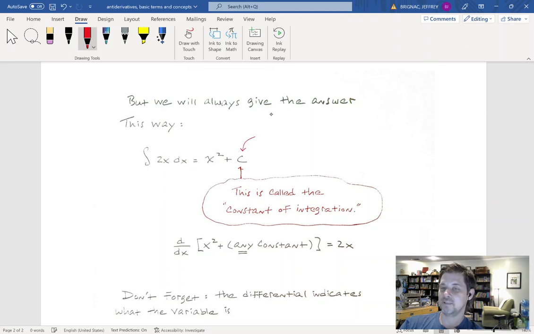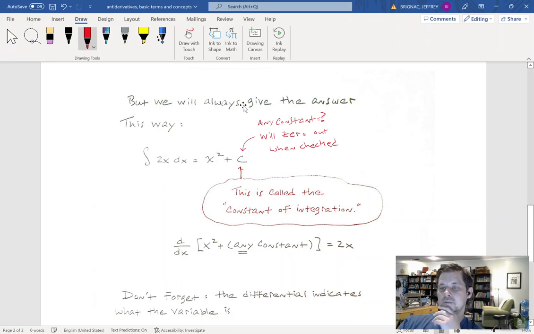So I want to emphasize that it is any constant, okay? And it's unspecified, and we don't know what it is. It doesn't matter. It's just there, symbolically, right? And it will always 0 out when checked. All right, so that's why it's there.